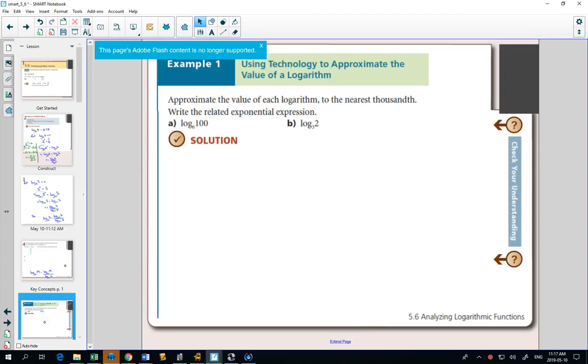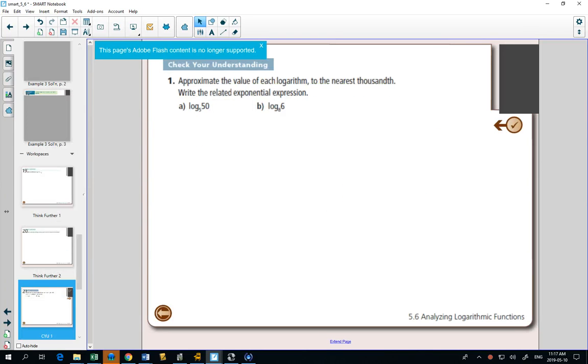All right, question 1. Again, approximate each expression to the nearest thousandth. What they would do if this was a non-calculator question, they would ask, between which two integers would you find log 5 of 50? Right?